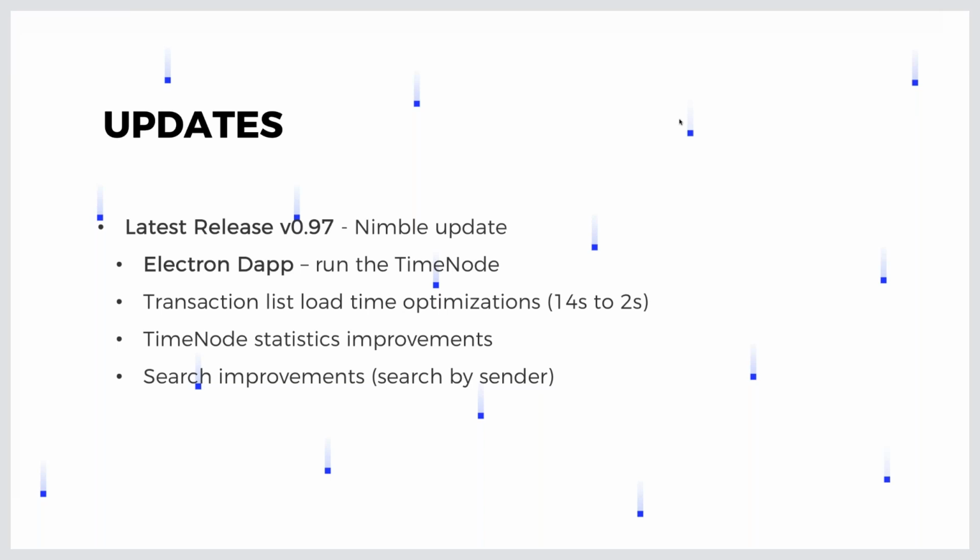So this is something that we are very, very pumped about, because what this allows is for you to run the time node natively. What I mean by that is, instead of running the time node in the browser, you can now download the executable and run it just like any other application that you run on your desktop computer.